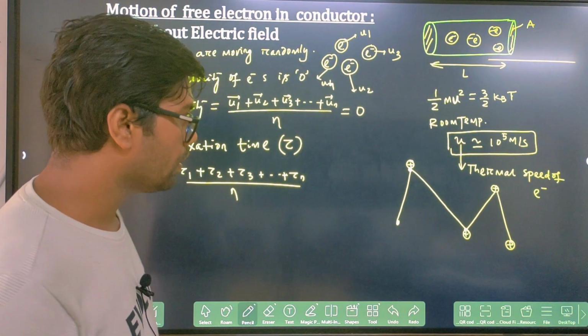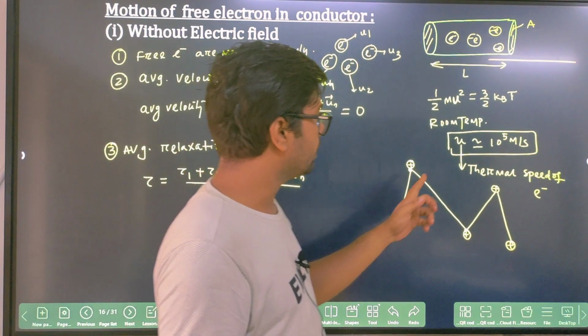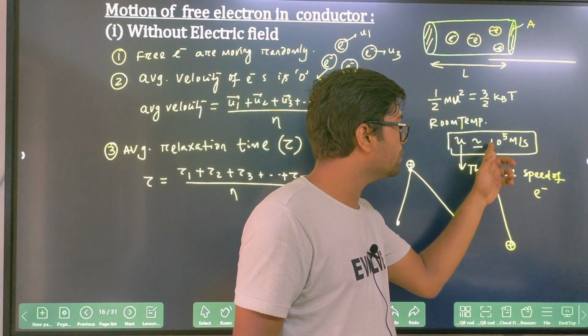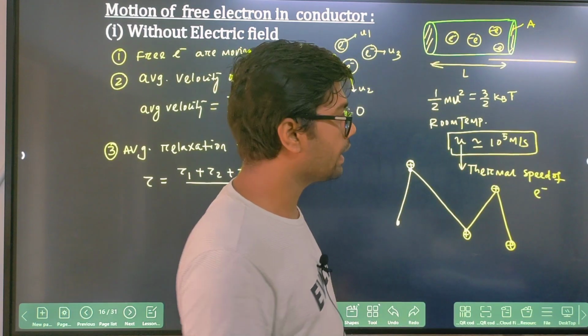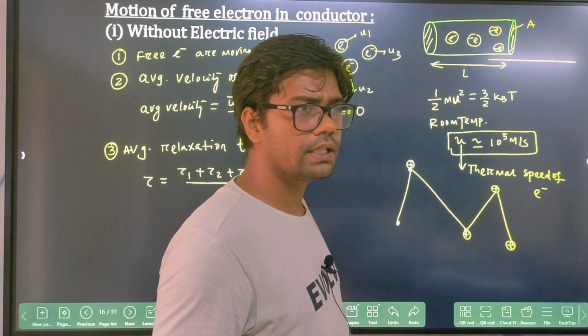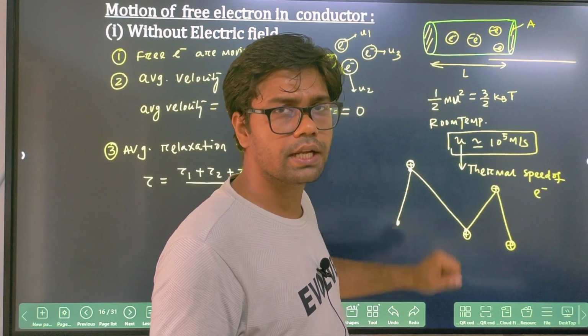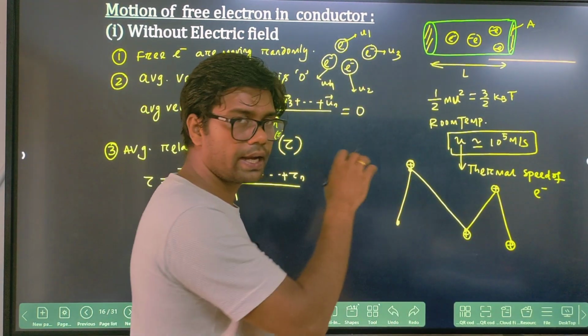Clear? And here one thing I will tell, these electrons are moving with a very huge speed, and due to this motion, the electrons are moving in random directions, the motion is random.